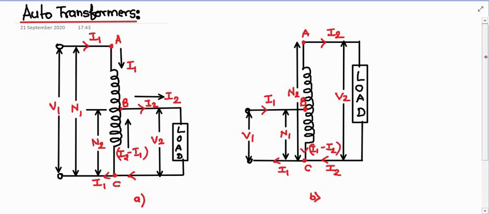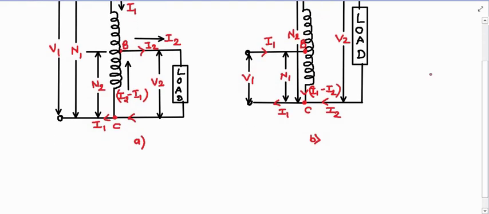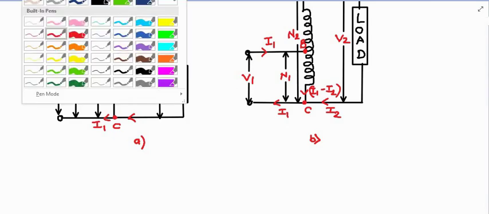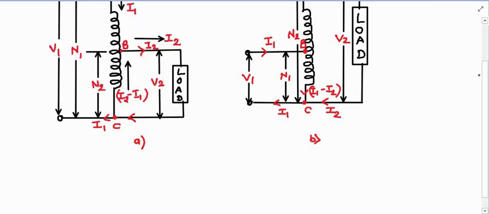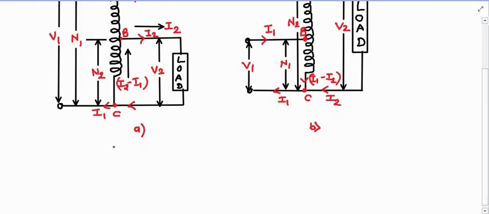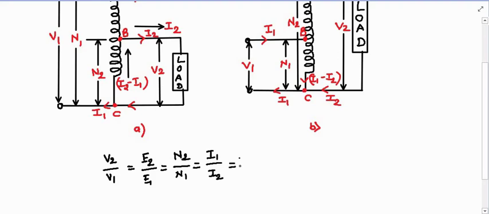So in case of an auto transformer also, if we neglect the losses, leakage reactance and the magnetizing current, we can write V2 upon V1 equals E2 upon E1 equals N2 upon N1 equals I1 upon I2, which is called the transformation ratio K of the transformer.